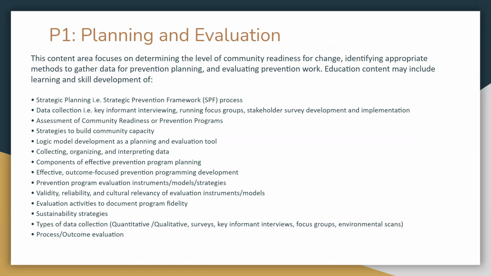So I would bet that that college course would count under planning and evaluation. So that's how you will figure that out. Again, there's 8 different sections, so you have to go through all the different content areas to figure out where yours might go. But definitely use this whenever you're looking for where a content area will go if it doesn't have a specific P1, P2 designation.